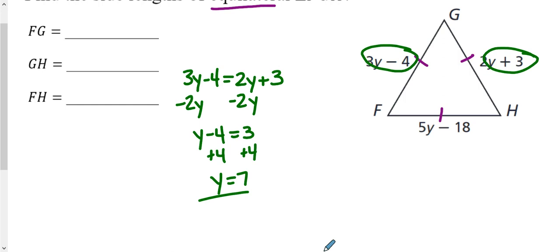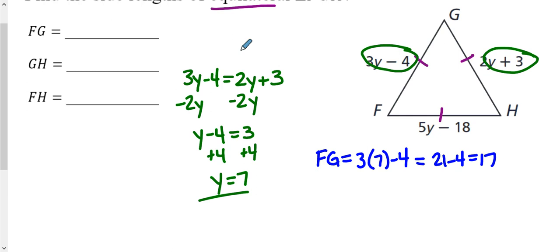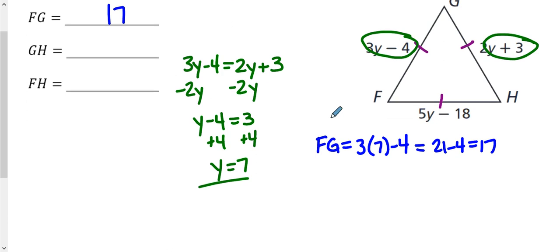So if I first plug in for FG, so that's 3 times y minus 4. So 3 times 7, 21 minus 4, and we get 17 for FG.